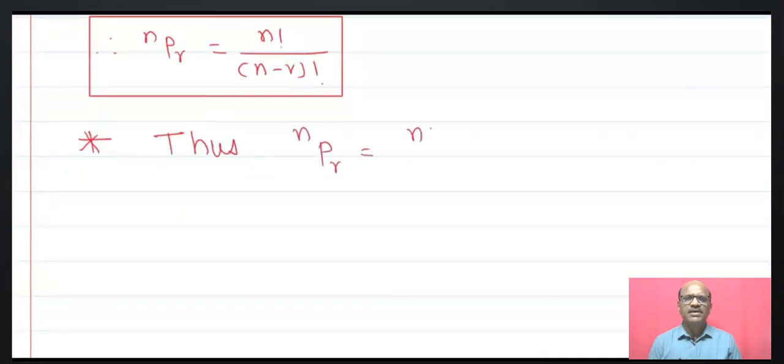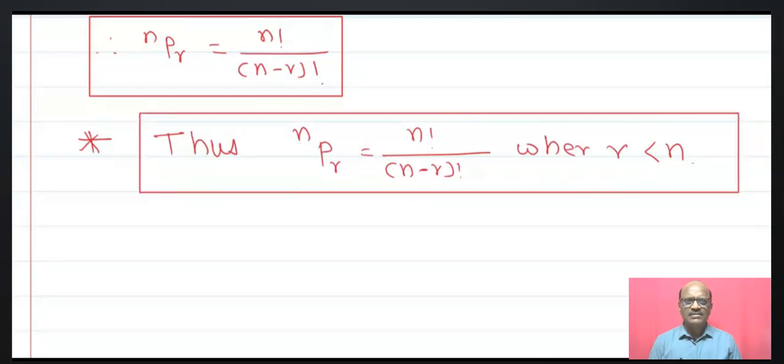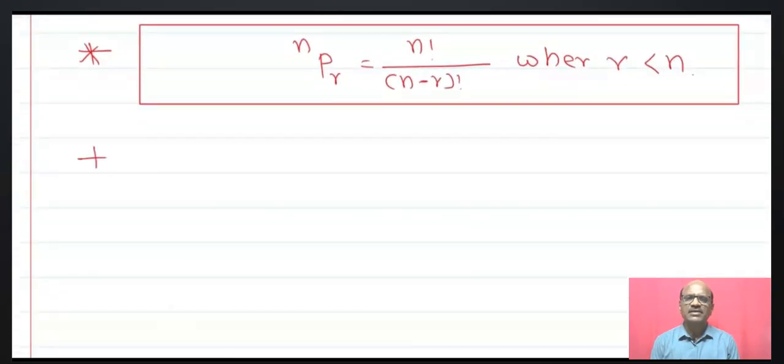Thus, nPr is equal to n factorial upon n minus r factorial, where r is less than or equal to n. That is, from the n objects, if we take r objects, then the arrangements are given by the formula n factorial upon n minus r factorial.